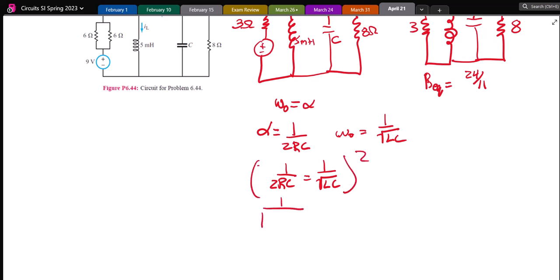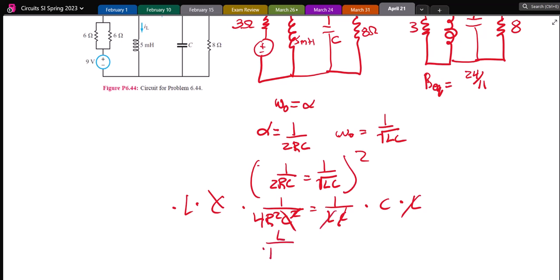So this is 1 over 4R squared C squared equals 1 over LC. I can cancel one of the C's, and then multiply both sides by C and multiply both sides by L. The C cancels with that one, and that L cancels with that one.